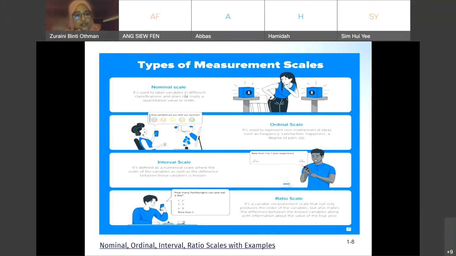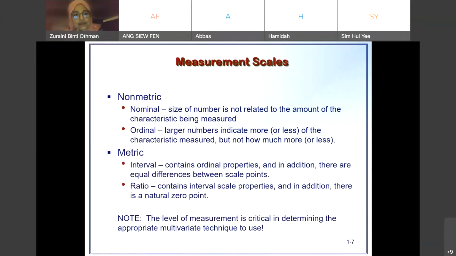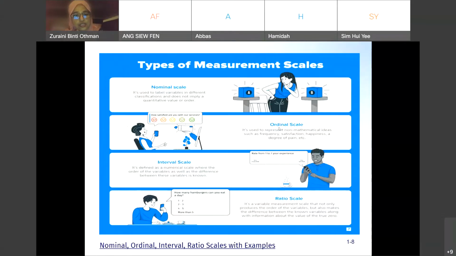It uses a label variable in different classifications and does not imply a quantitative value or order. We want to measure whether it is A or B. This is nominal scale. And the second type of non-metric is ordinal. For this ordinal scale, for example user satisfaction with our service, this is what we call the ordinal scale.